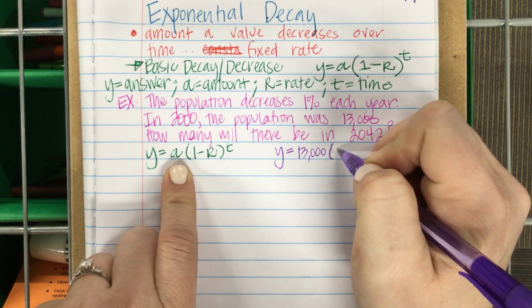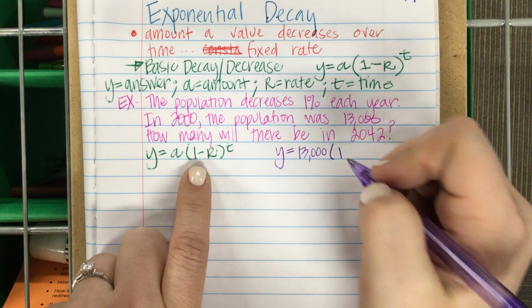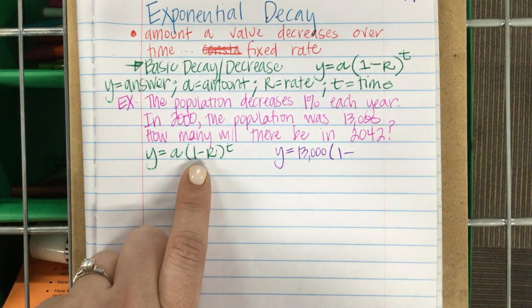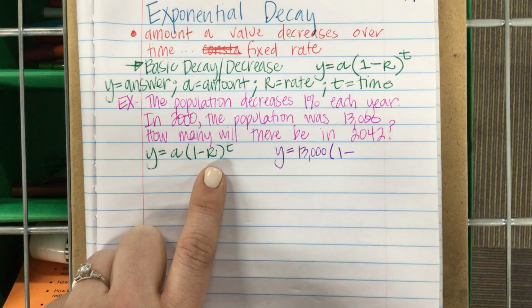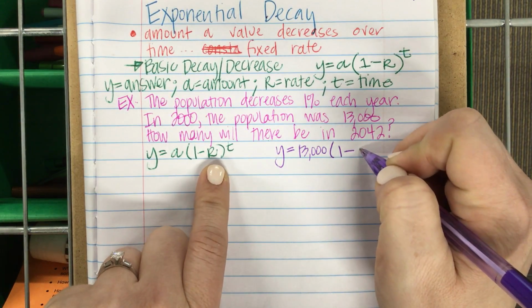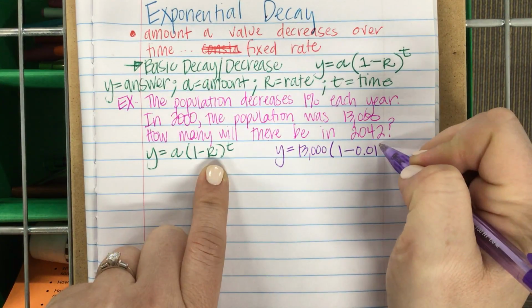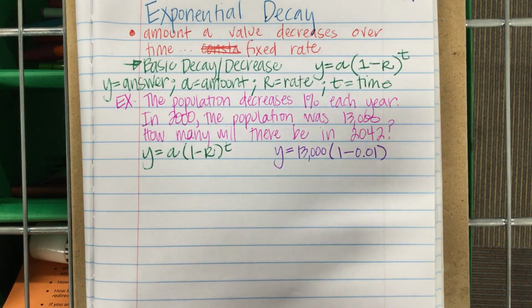Then I put my parentheses. I do 1 because that's my 100%. But I'm subtracting, what's my rate of decrease? 1%. Do I put 1? No. I put 1%, which is 0.01. To the power of what?